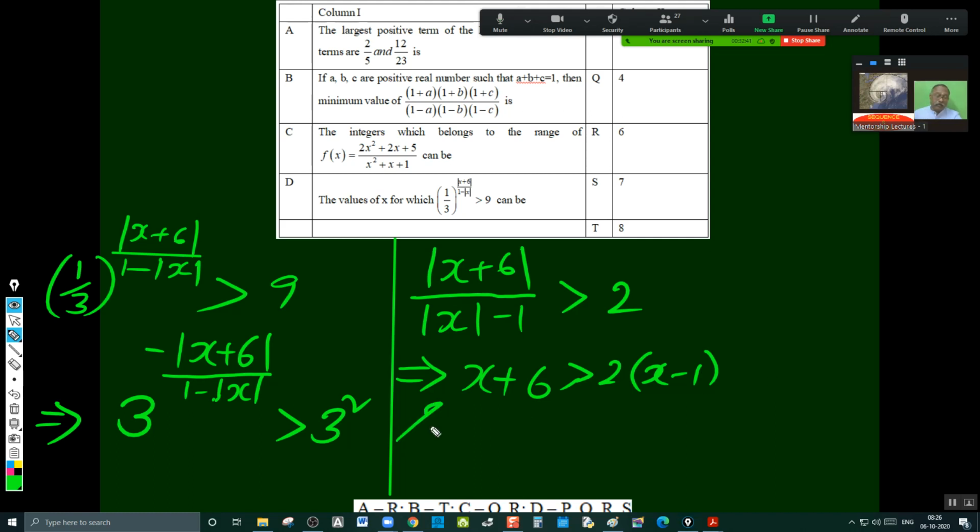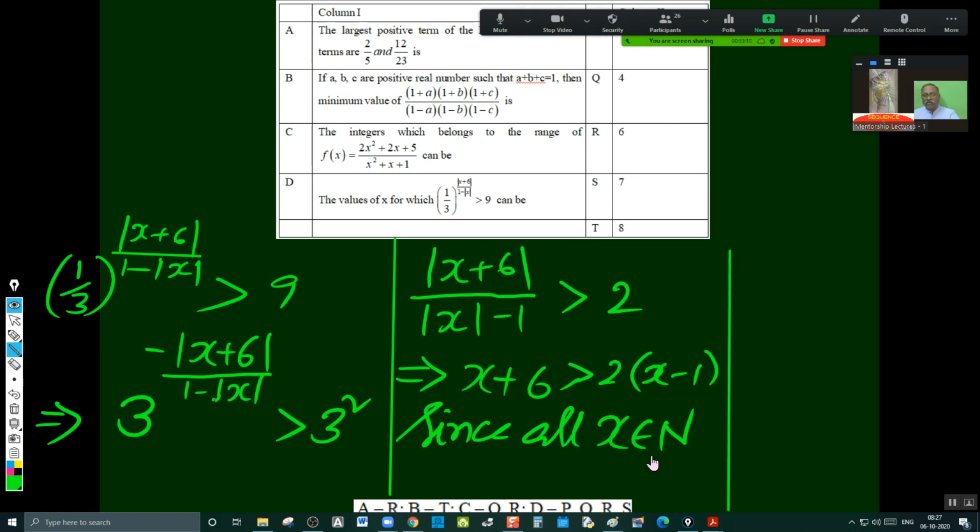Since all x are positive, all x belongs to natural numbers, let me say. Of course, 1 is not there. Now you can say I did 90% of the problem.